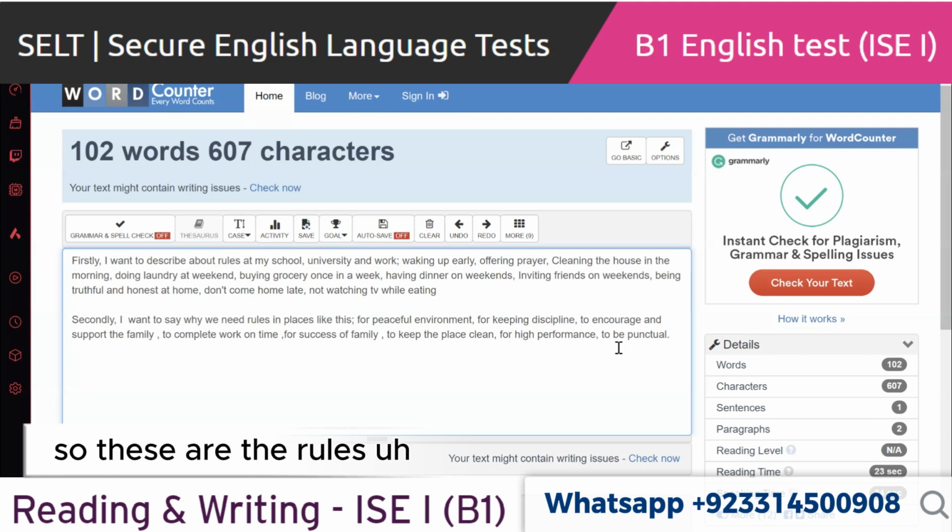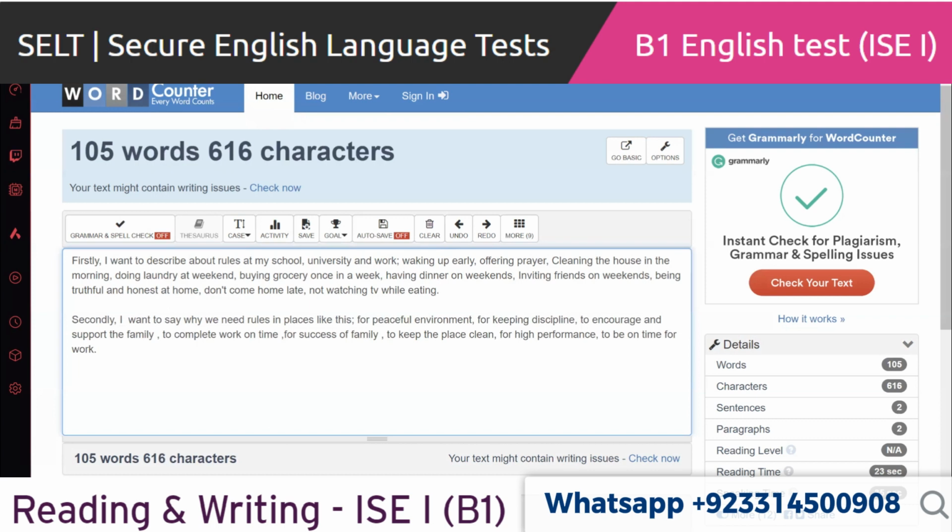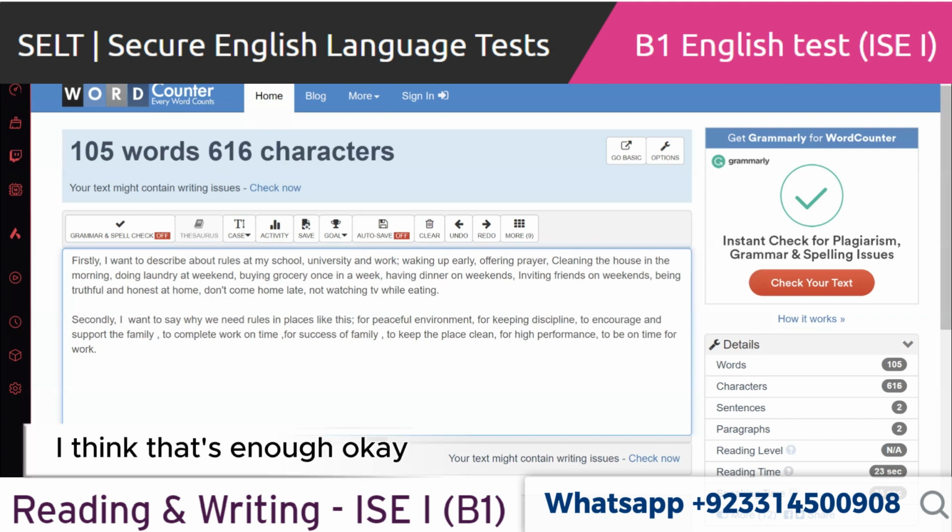Rules are needed to be on time for work or to be on time for school. That's why you wake up, that's why you take your dinner early, that's why you do things. Okay, I think that's enough.